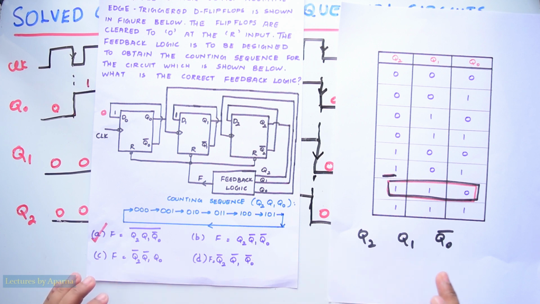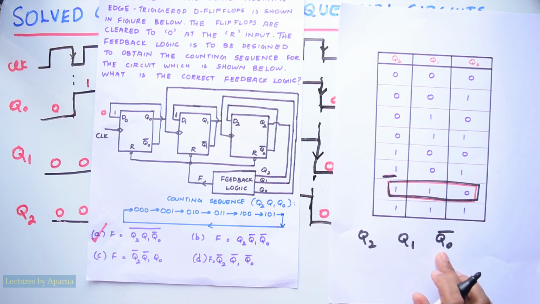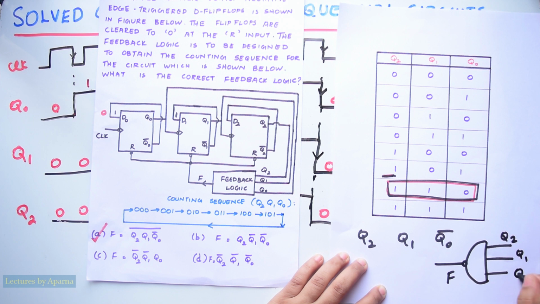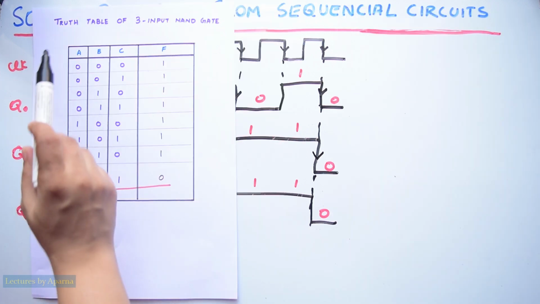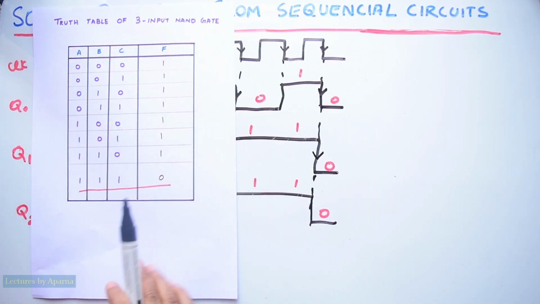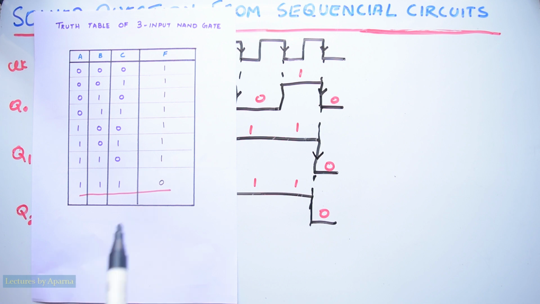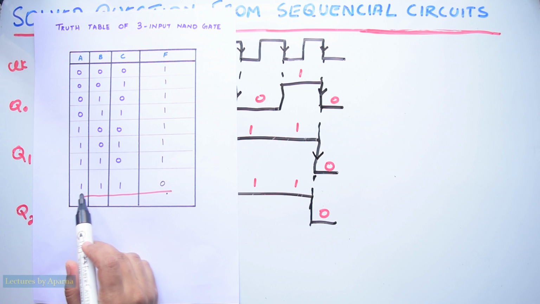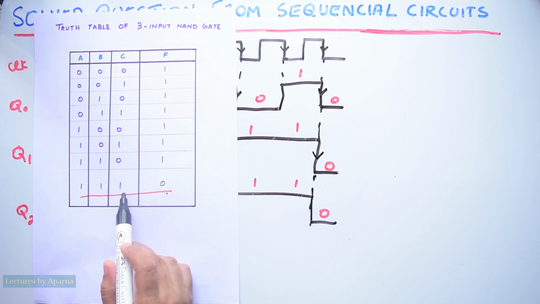This can be obtained if you connect Q2, Q1 and Q0 bar to a NAND gate. Let the output be F and let the inputs be Q2, Q1 and Q0 bar. This is the truth table of a 3 input NAND gate. You can see that only in one condition it gives 0, that is when A is equal to 1, B is equal to 1 and C is equal to 1.